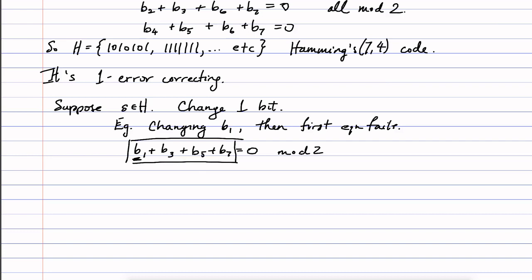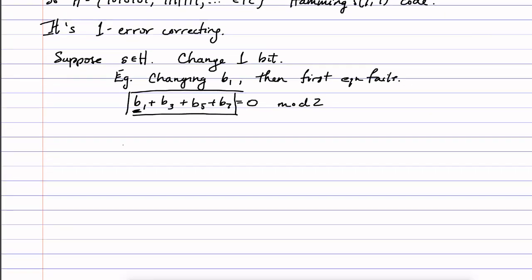So this equation is not going to hold anymore after you change 1 bit. Of course, this is just the example of changing B1, but it's the same if you change B2, B3, B4. You look for an equation that has that bit appearing only once, and then you see that having made the change, the equation fails to hold. So if you take an element of H and you change 1 bit, the result is something that's not in H anymore.